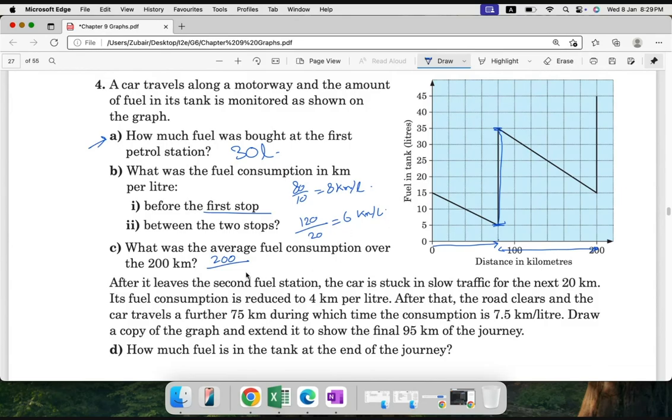See, they first consumed this much, that is 10. Then they again consumed this much, this is 20, total 30. So what is the average? This is 6.66 kilometers per liter, or 6 2/3 kilometers per liter.